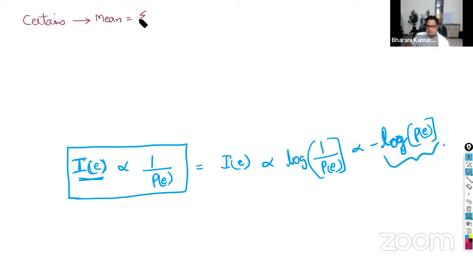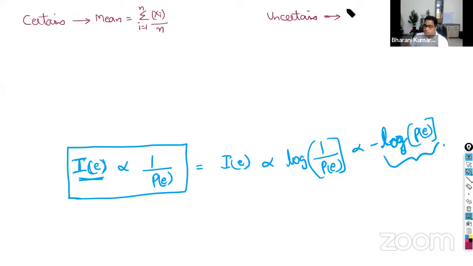Average, summation, i equal to 1 until n, xi divided by n. However, if the underlying values are uncertain, then you need to bring in the probability aspects into picture.